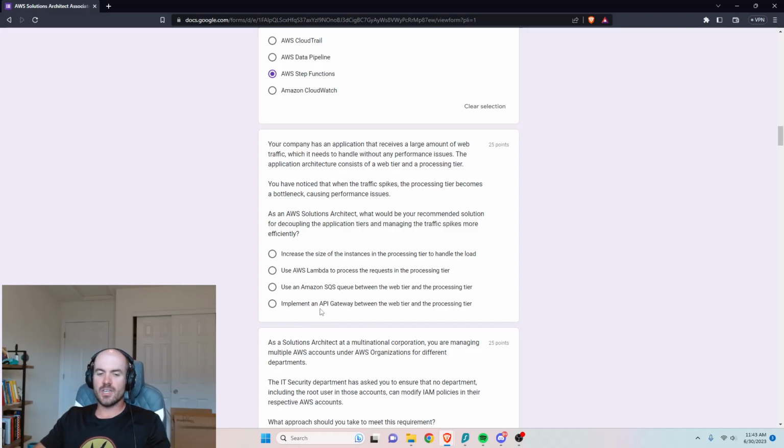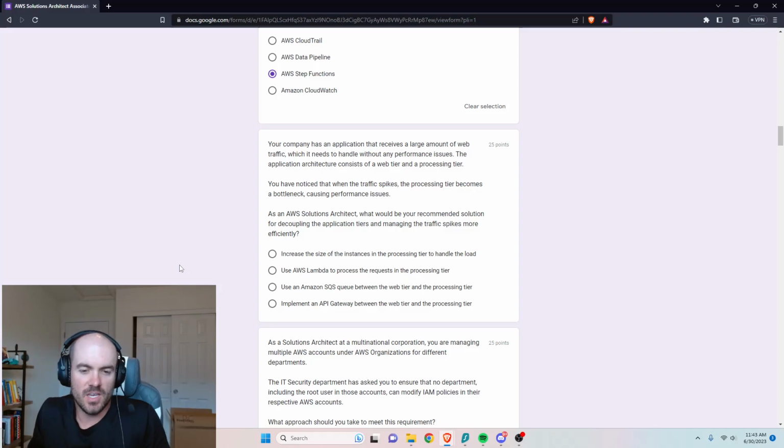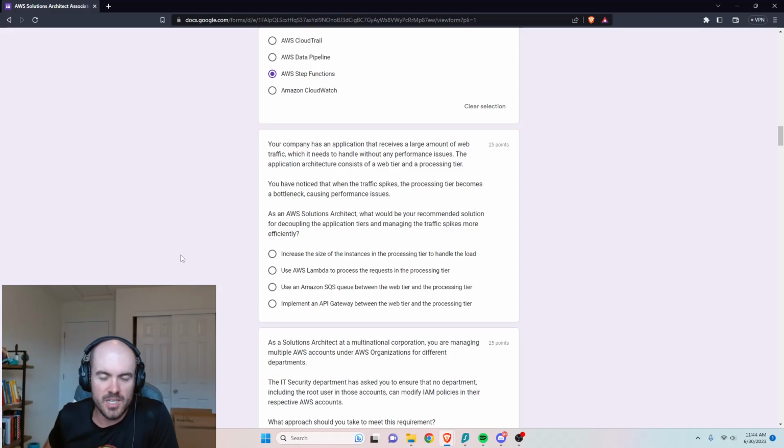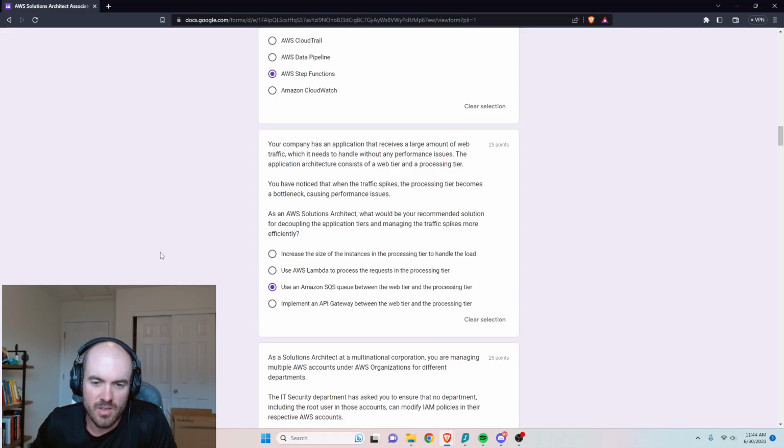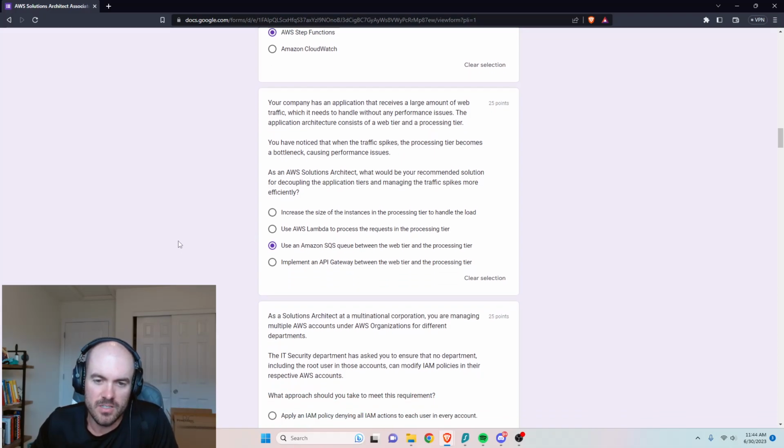That's not really going to help manage load. That's really just to manage and secure your APIs, which again doesn't really help in regards to decoupling an application due to performance issues. So I'm going to go with using an SQS queue and sit it between the web and the processing tier. That makes sense to me.